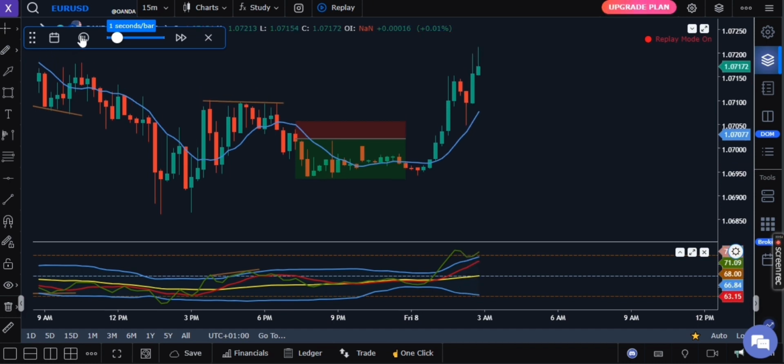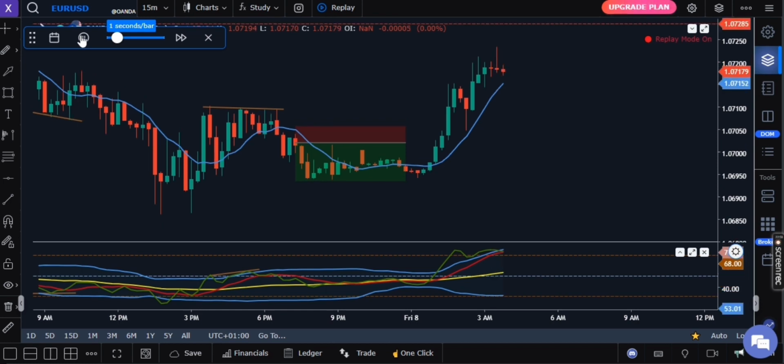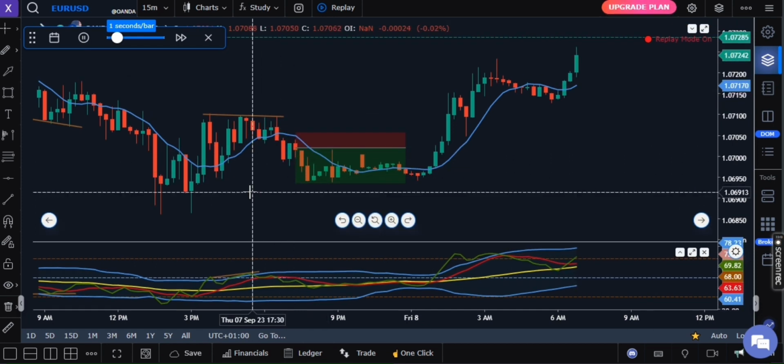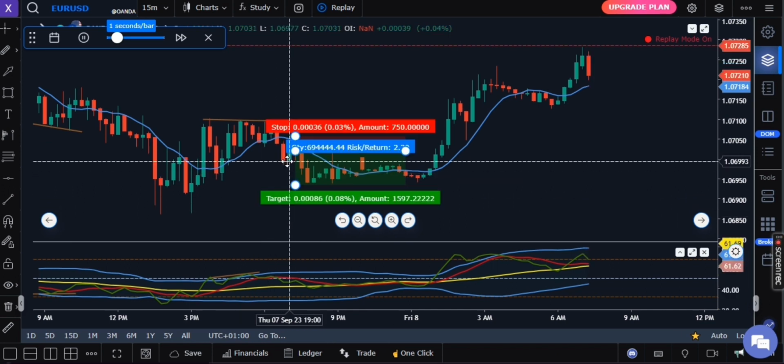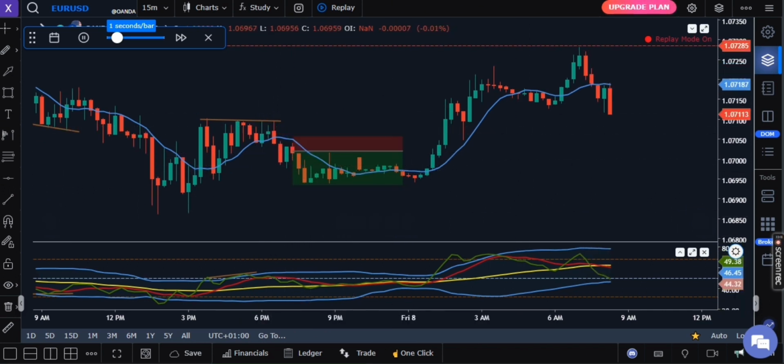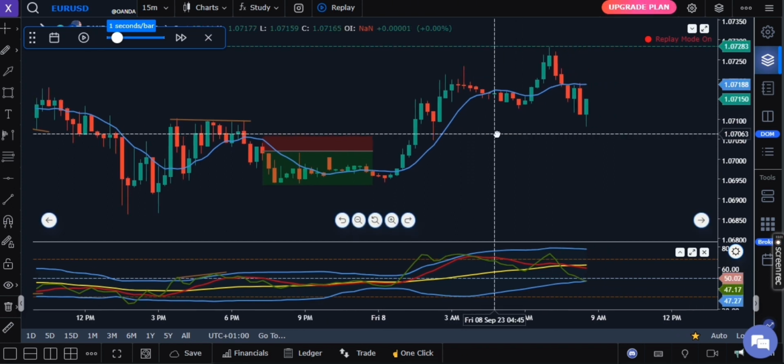Okay, price is moving up. But here this trade kind of came if I set this well, but let's assume it's a loss. Wait, let's see what's going on here.